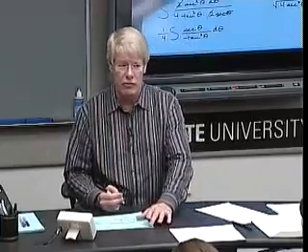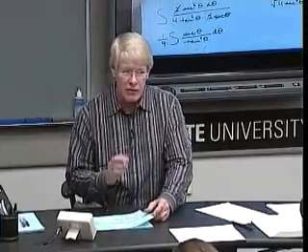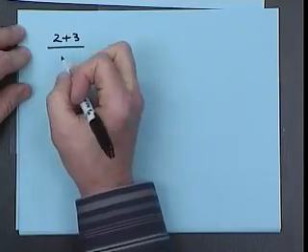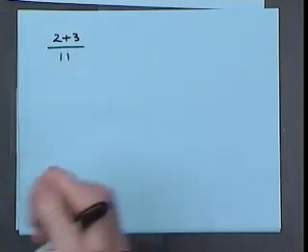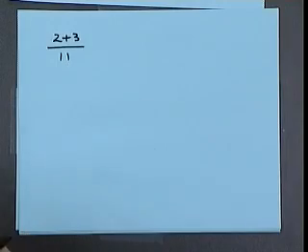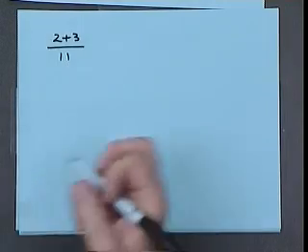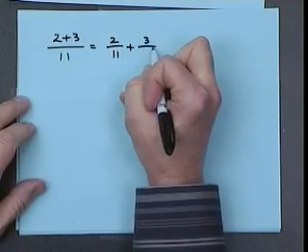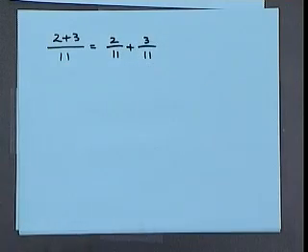Which, by the way, I need to review this. This is going to seem ridiculous, and you're going to probably think less of me for doing this, but let's review something real quickly that you can do, and another thing that looks a whole lot like it that you can't do. So if you have, let's say, 2 plus 3 over 11, if you have a fraction with a sum or difference in the numerator, this is completely legal to break up into pieces.